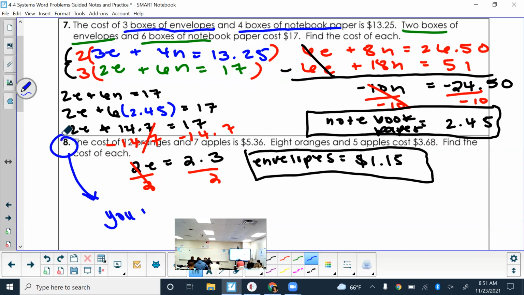And I suggest, if you're picking the variables, apples can be A, but maybe pick another variable other than O, all right, because that looks like a 0. So maybe put oranges as X or something like that. But solve 8 next. And if you finish that one, then work on your practice while we wait for everyone else.